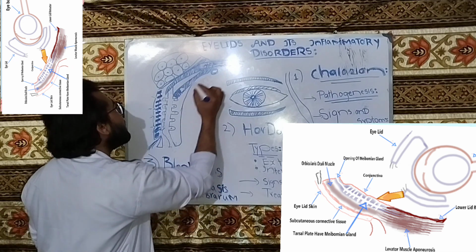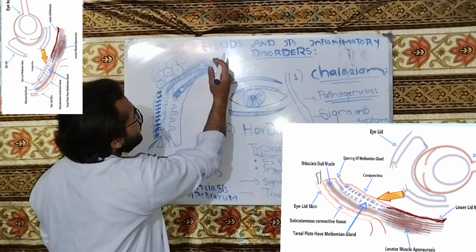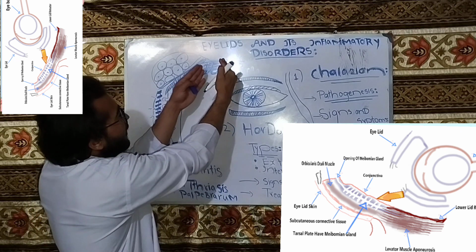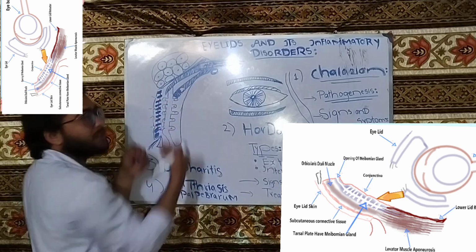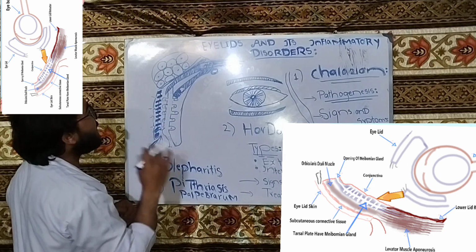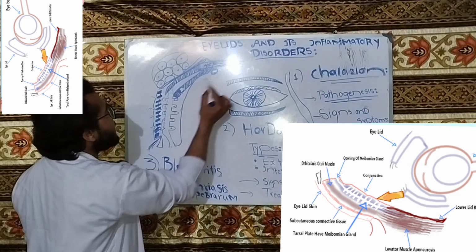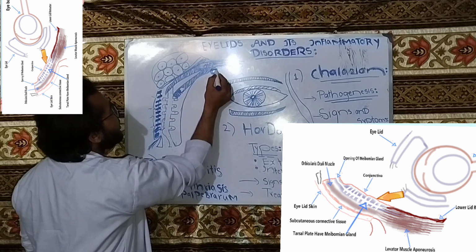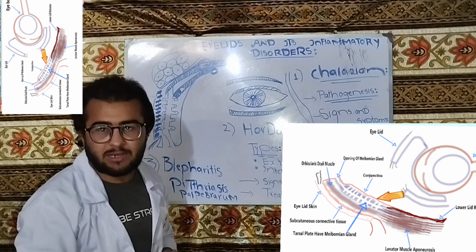The next muscle is the Muller muscle, which originates from the under surface of the levator muscle and is inserted on the upper border of the tarsus. We also have small glands, the glands of Krause and the glands of Wolfring, which are the accessory lacrimal glands.